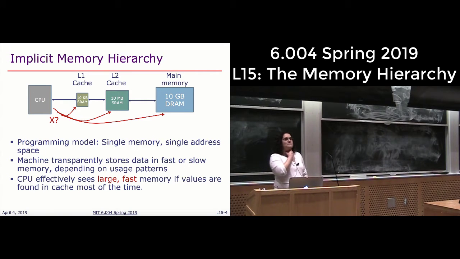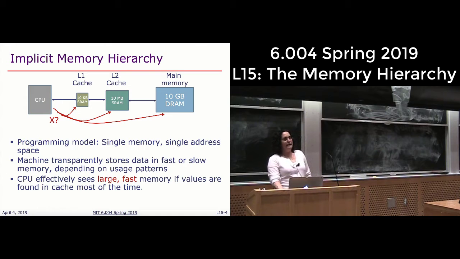In this model, suppose that I want to access an address X. My system would first check the fastest, smallest SRAM to see if address X is stored in it. If it is, then it returns the data very quickly. If it's not, it goes on to the next one and asks, is my data in this SRAM?